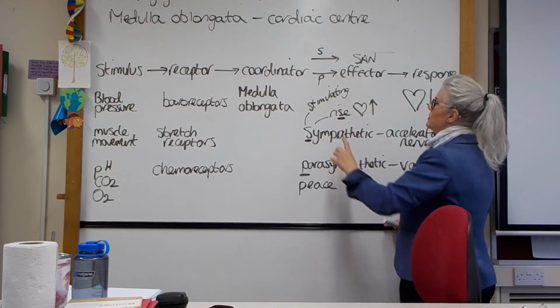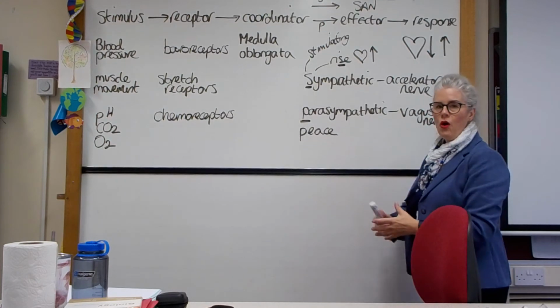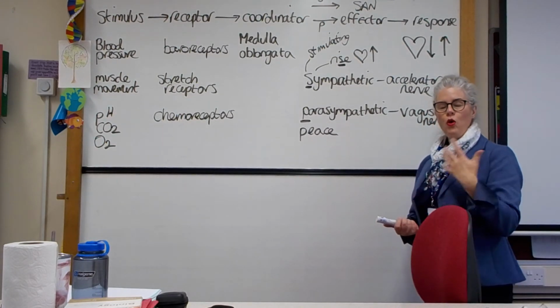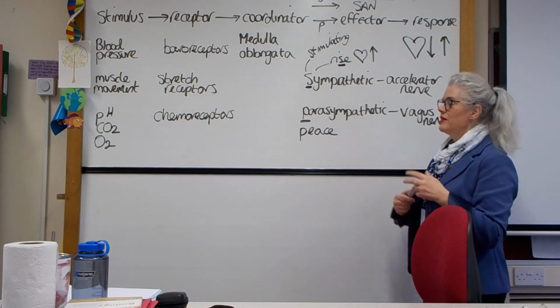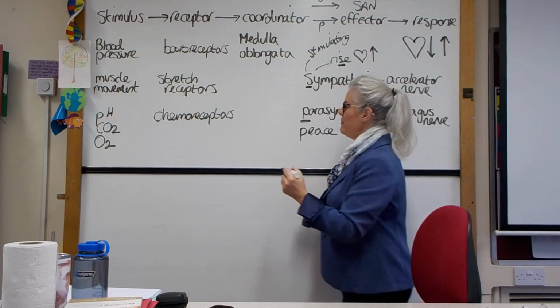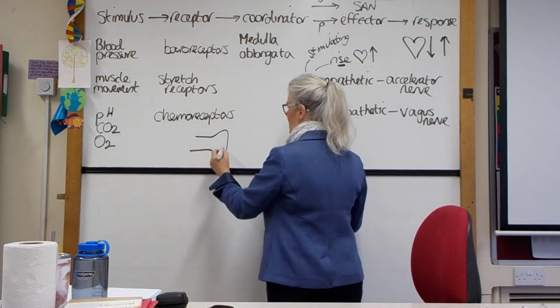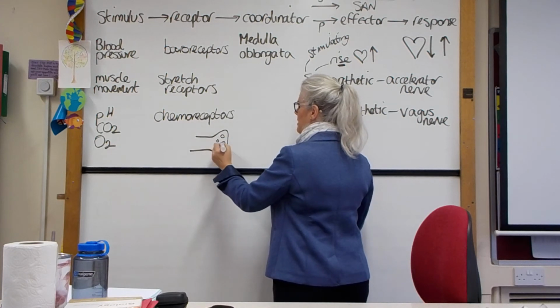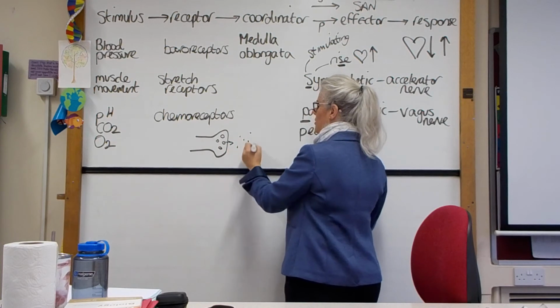Now, you may have noticed that both of these are going to the sinoatrial node. So what is different? What makes the sinoatrial node increase when it's stimulated by the sympathetic or decrease by the parasympathetic? You may remember at the end of nerves, we did this at GCSE, we drew something a little bit like that, and you had vesicles containing neurotransmitter, and they would fuse with the membrane and release their neurotransmitter.